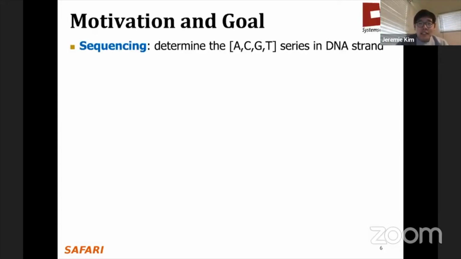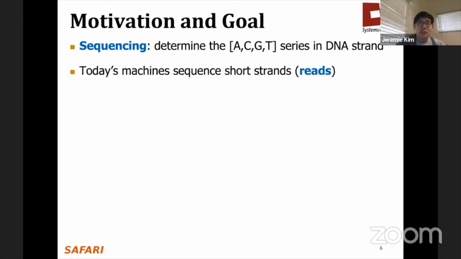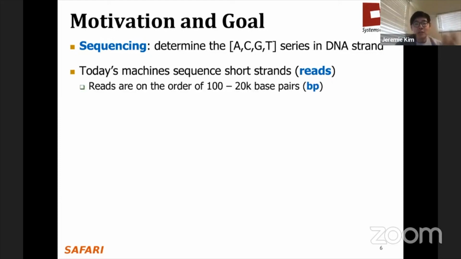So sequencing refers to the process of determining the series of nucleotide base pairs in a DNA strand. And DNA is comprised of 4 different base pairs, which are referred to as A, C, G, and T. Today's machines sequence short strands, which are referred to as reads, and reads are on the order of 100 to 20K base pairs.